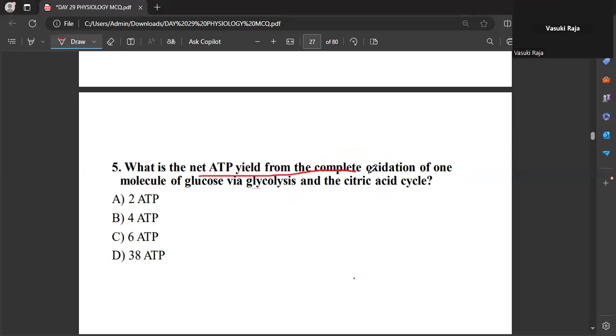Net ATP yield from the complete oxidation of 1 molecule of glucose via glycolysis and citric acid cycle.